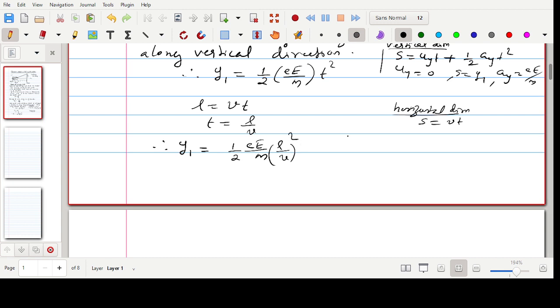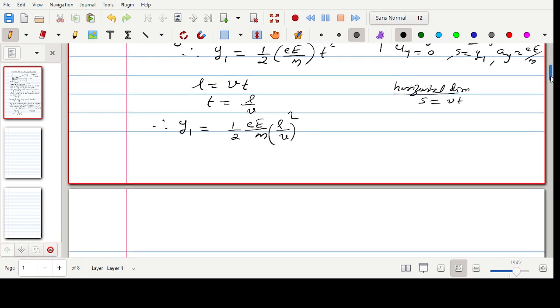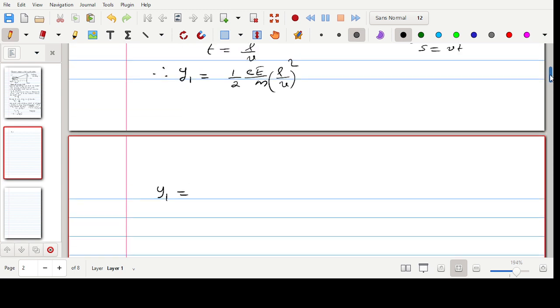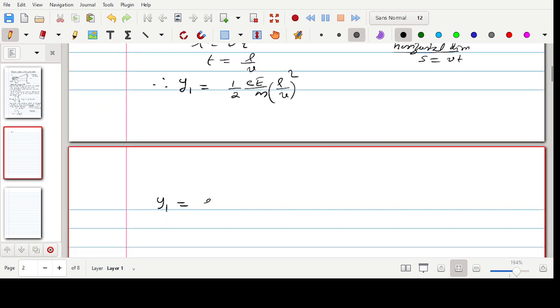So we can write this equation as y1 equal to eE L square by 2mV square. This is expression number 1.